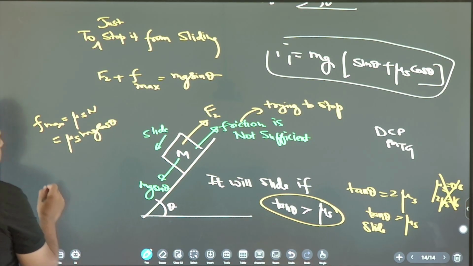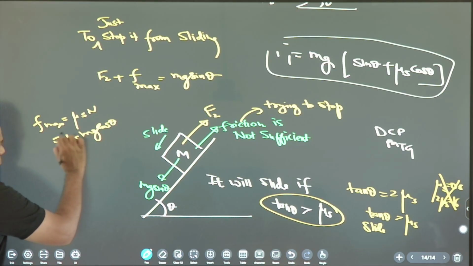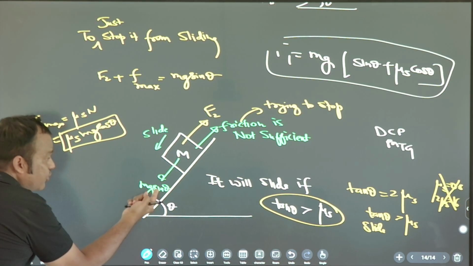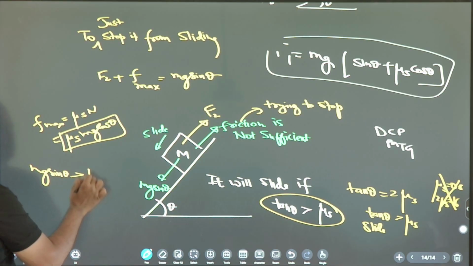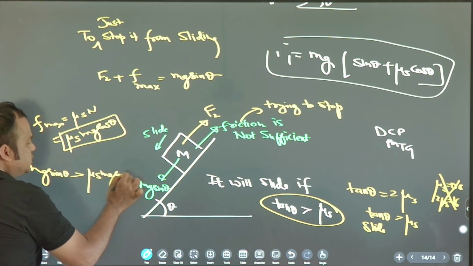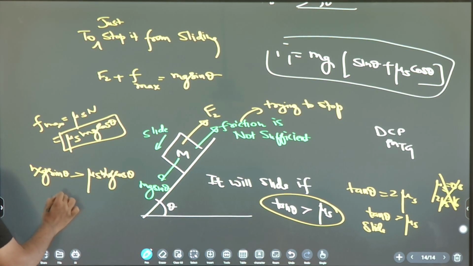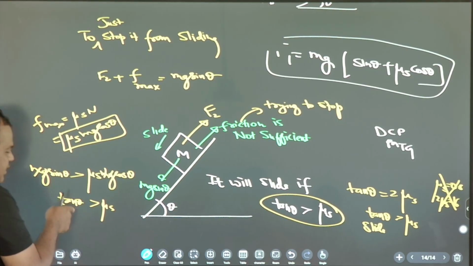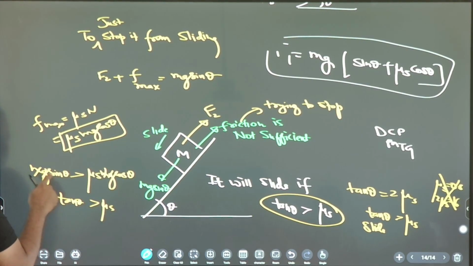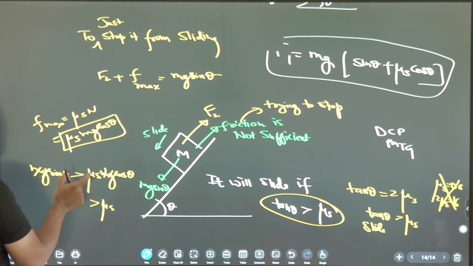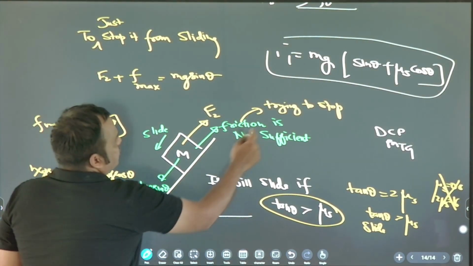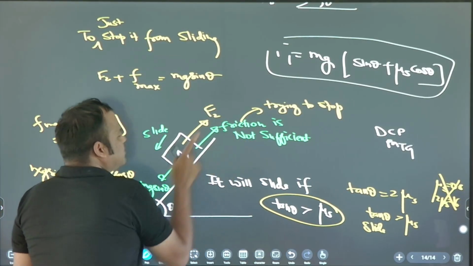So this is less and this is more. mg sin theta is greater than mu s mg cos theta. Mg cancels, so sin theta by cos theta is tan theta. That's why tan theta is greater than mu, and sin theta is greater than mu cos theta. So the maximum friction value is less than this.